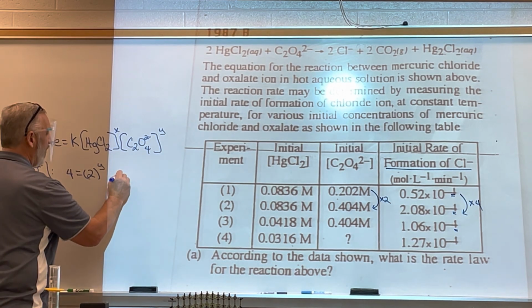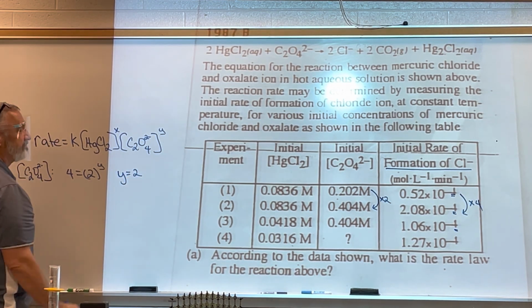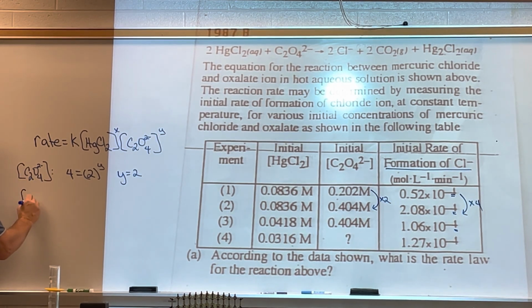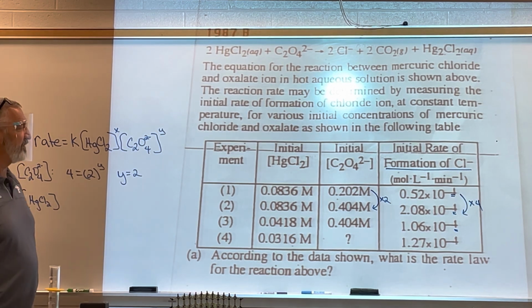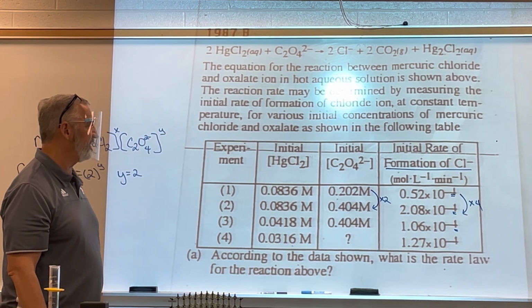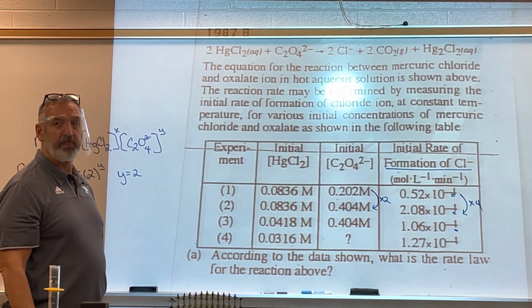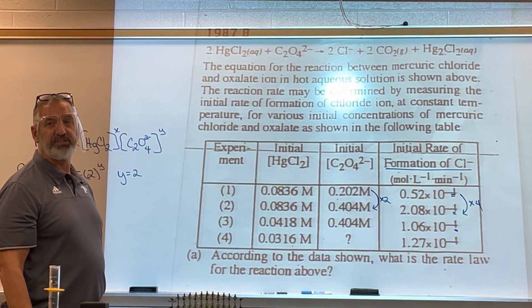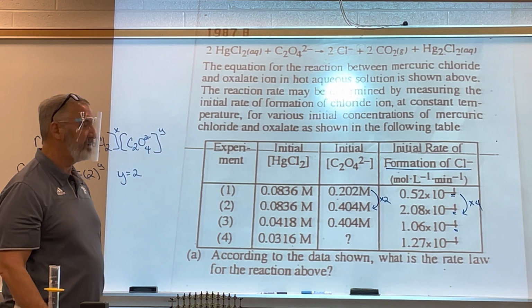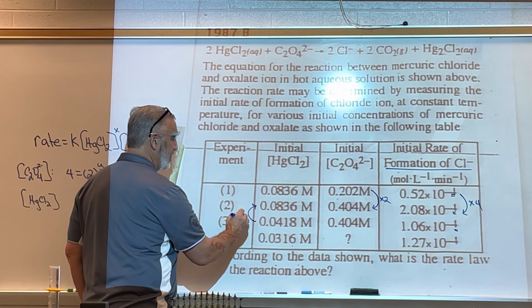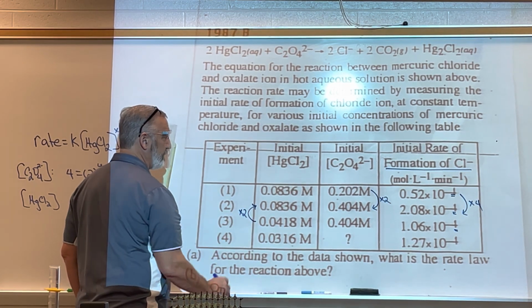So obviously y is equal to 2. Now we need to do the same thing for the HgCl2. So what do we keep constant? What experiments should we look at here? 2 and 3. But what's going to be a better direction, 2 to 3 or 3 to 2? 3 to 2, right? So that's going to be times 2.